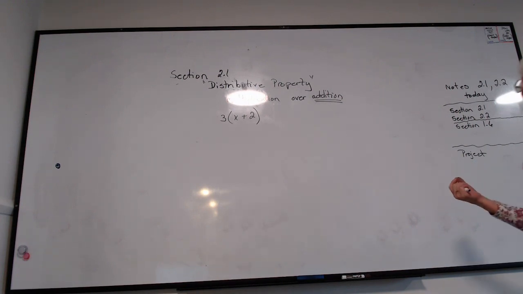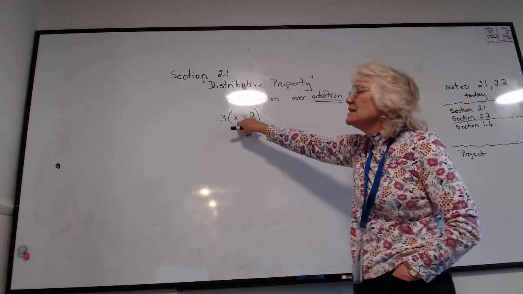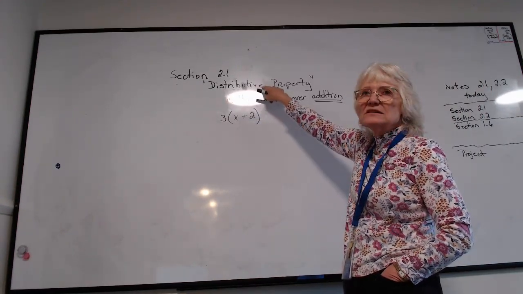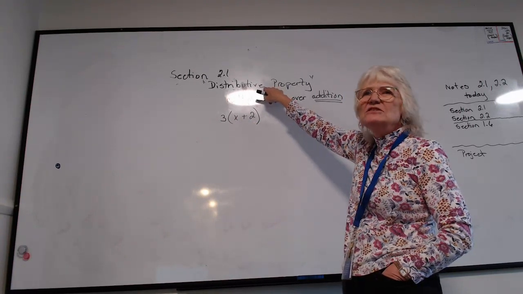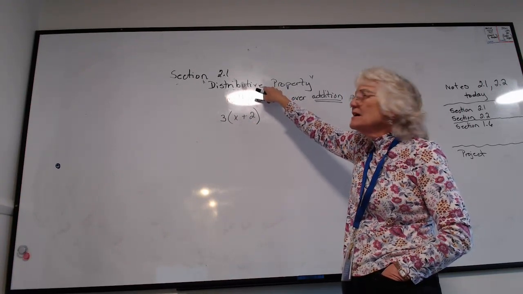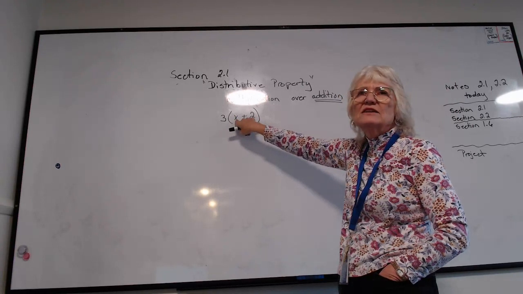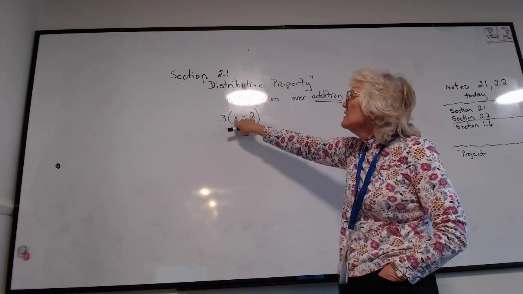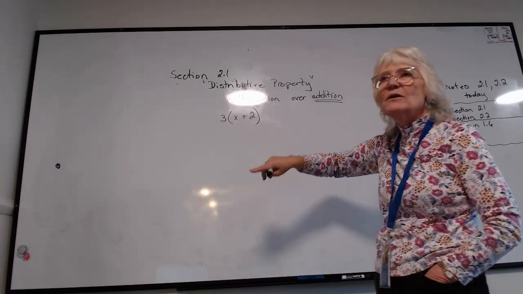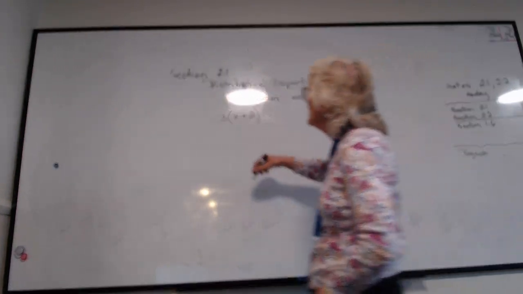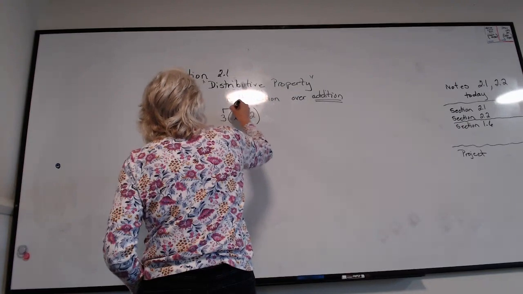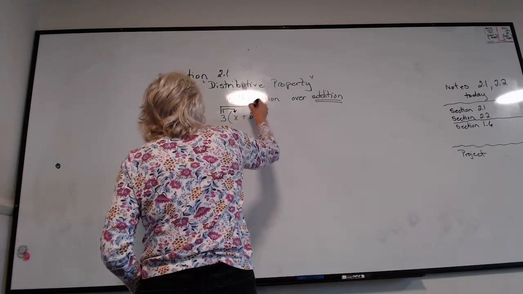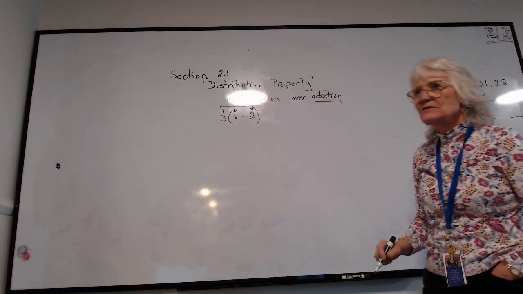Okay? So if you can't do inside the parentheses, then we use this distributive property. You don't need to use it otherwise, okay? If you can do what's inside here, there's no reason to use the distributive property, okay? So in this case, distributive property is this. It's basically you're multiplying the 3 by both terms, okay?